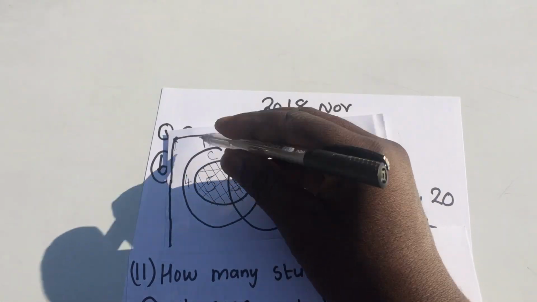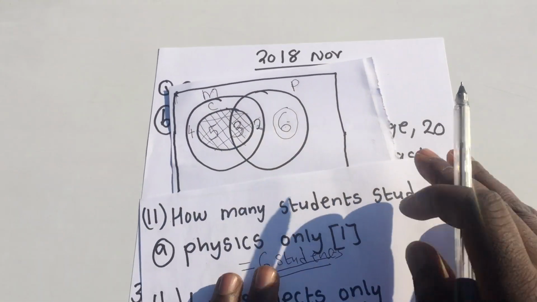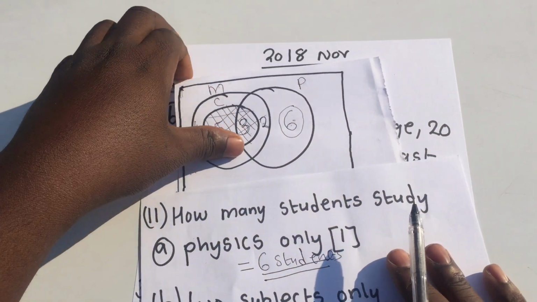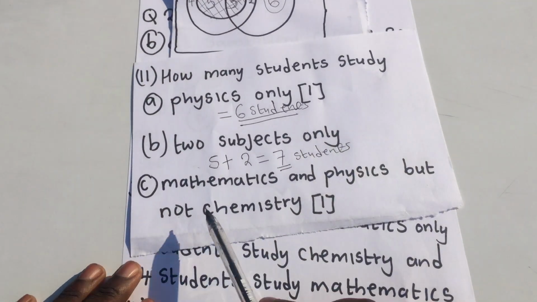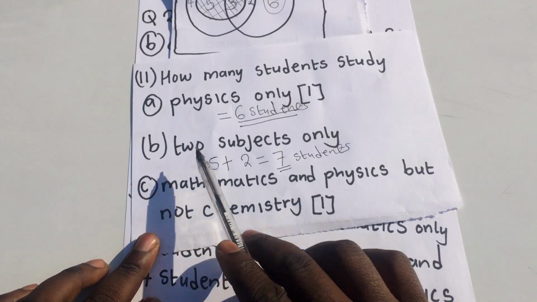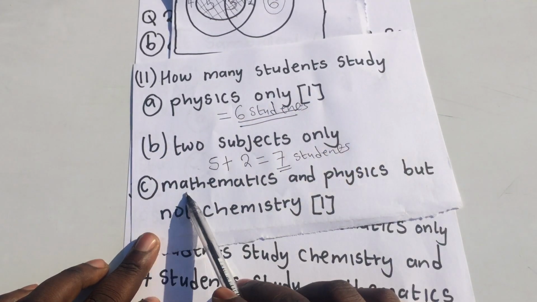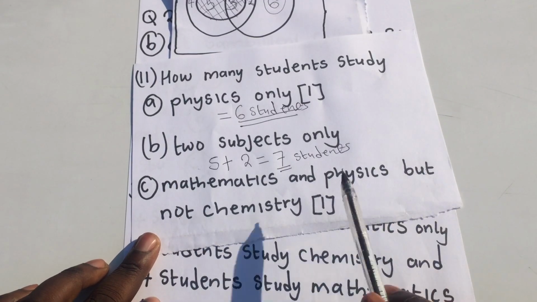Remove it like this, so that you are not able to see anything in chemistry, and what has remained is what you add.